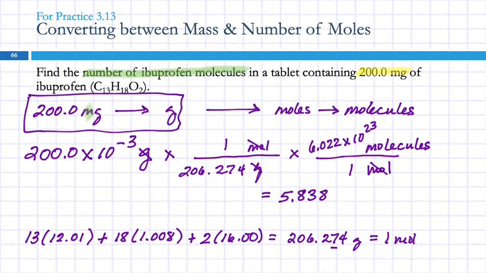5.838, that's 4. Write down 2 more digits. And then over at the far end of that number, it says E20, which means times 10 to the 20. So 5.839 times 10 to the 20 molecules.